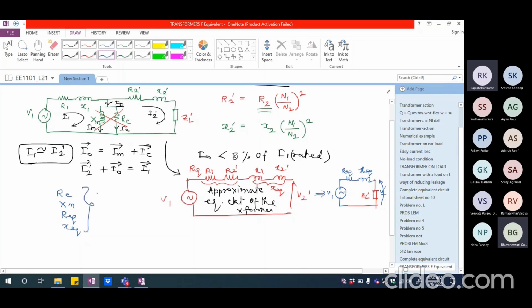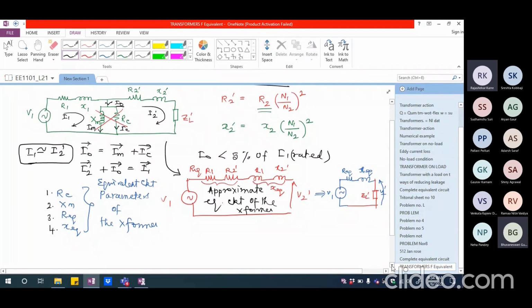So these are generally known as the equivalent circuit parameters of the transformer. These are the major 4 equivalent circuit parameters, which first of all need to be determined if I want to know the performance characteristics of the transformer.